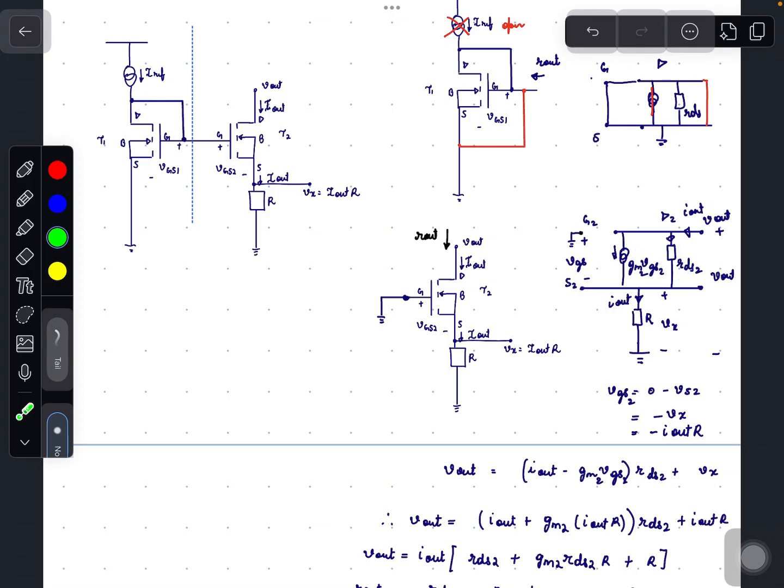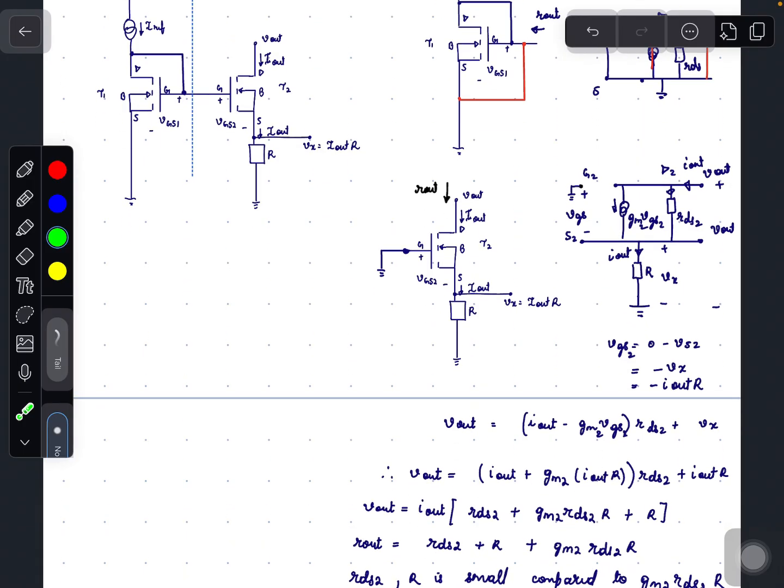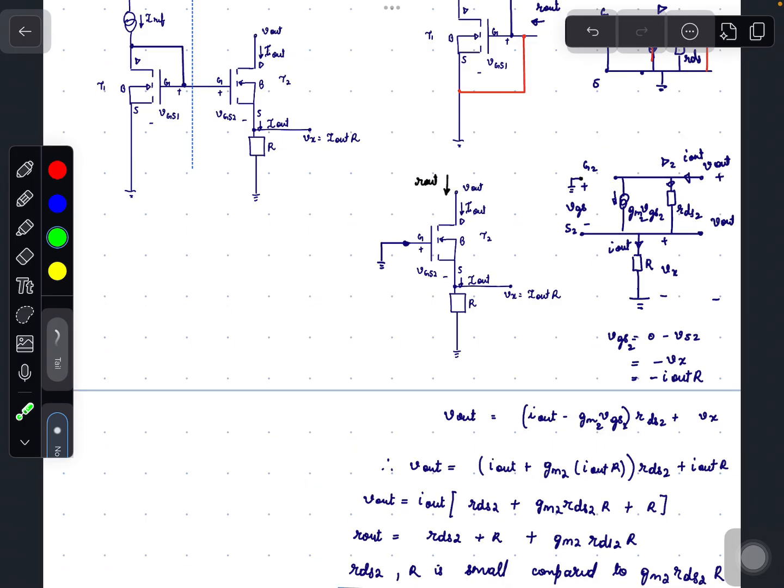We have rds2. To find R out, we have to find V out by I out. So using KVL, the voltage V out equals the current through rds2 times rds2, that is the voltage across rds2, plus the voltage across resistor R. So V out is given by the current flowing through rds2, that is I out minus gm2 VGS2, times rds2, plus the voltage across the resistor, which is given by Vx.